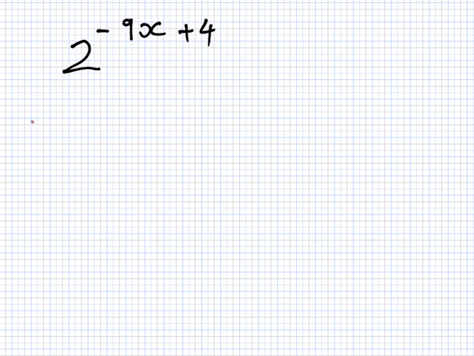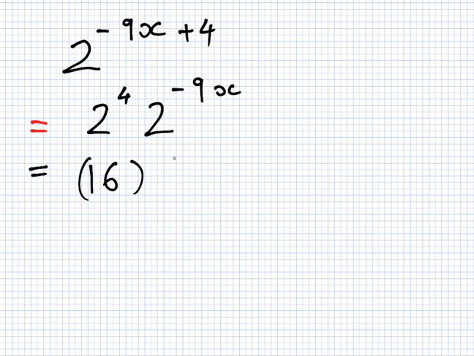The first thing I can do is take the 2^4 out in front, so that would be 16, times 2^(-9x). Let's just leave it up the top here.